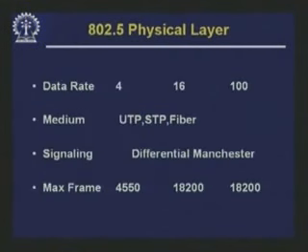Data rate may be 4, 16 or 100 Mbps, and the medium may be UTP, STP or fiber. Signaling is usually differential Manchester. We mentioned this earlier, how you represent your zeros and ones by electrical signals or optical signals, as the case may be. And the maximum frame size would be about 4550 bytes, right up to 18.2 kilobytes.